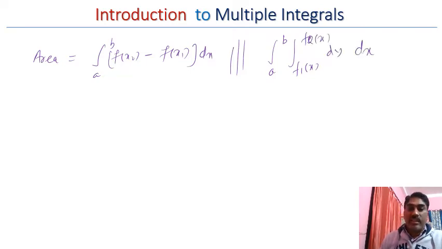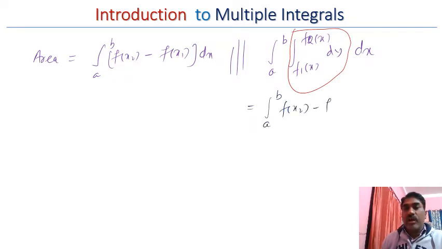So just integrate the interior part and you will get the same thing. This is equal to the integral from a to b of f(x2) minus f(x1) dx. So both are the same thing, but instead of defining two different areas and finding them, we directly find the area with the double integral.